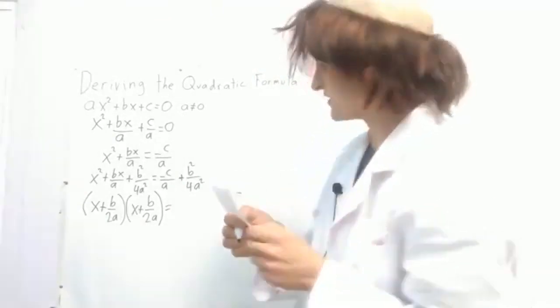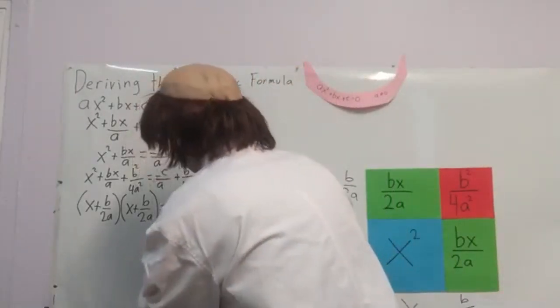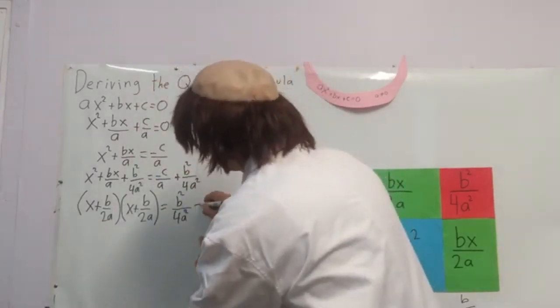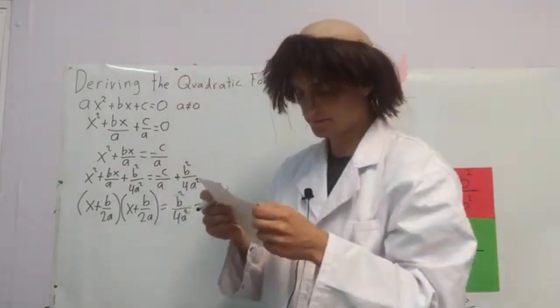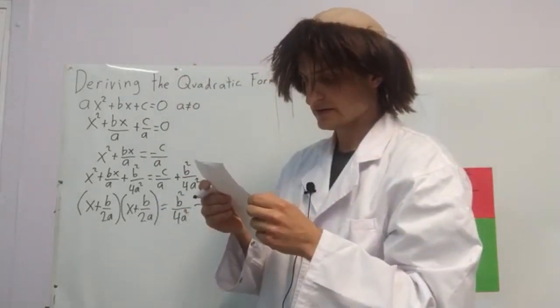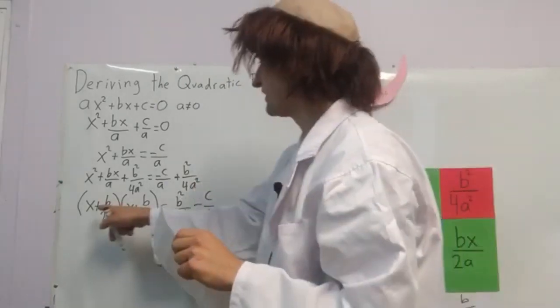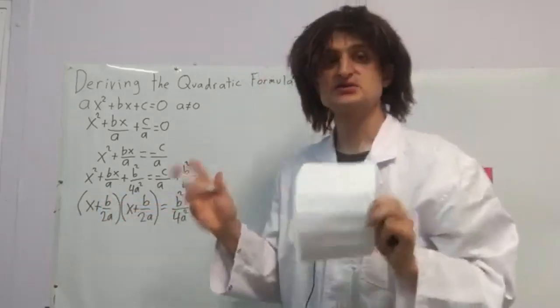Switch the order on the right. That means we'll have b squared over 4a squared minus c over a. Number 6. Simplify the left. We can write this as x plus b over 2a squared.